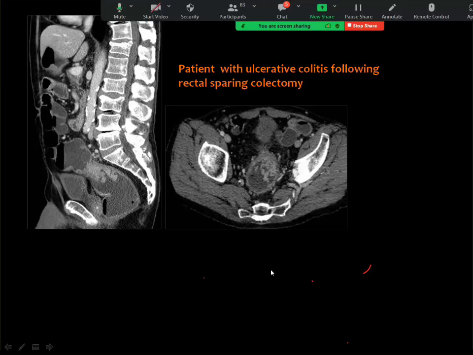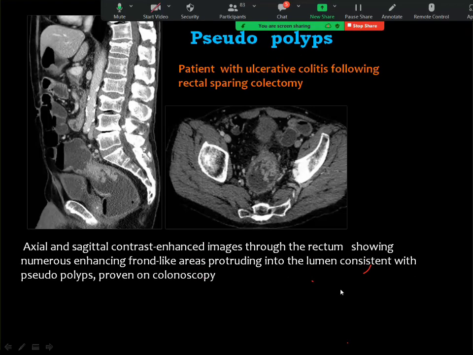But this lesion, when biopsied, appeared to be a pseudopolyp. You know, in cases of Crohn's disease and ulcerative colitis, multiple polyps can develop from the healthy, unaffected mucosa, and these are known as pseudopolyps.